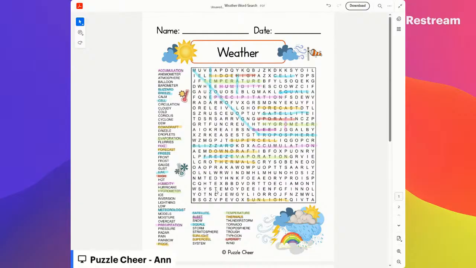So we have system, horizontal in the bottom left corner. S-Y-S-T-E-M, system. And balloon is vertical in the far left column.